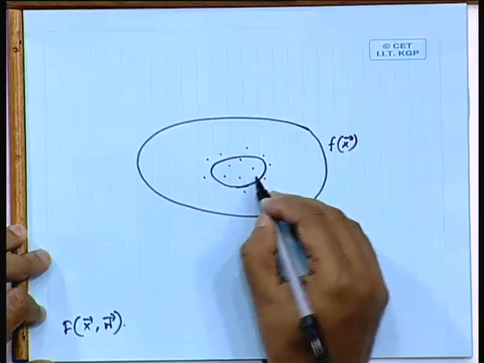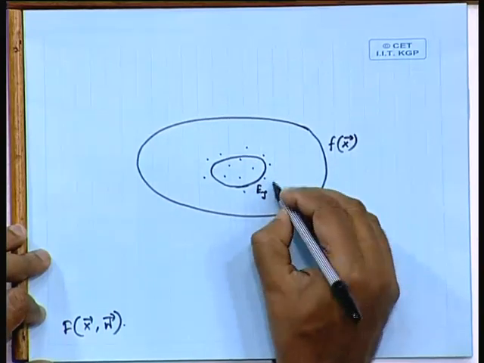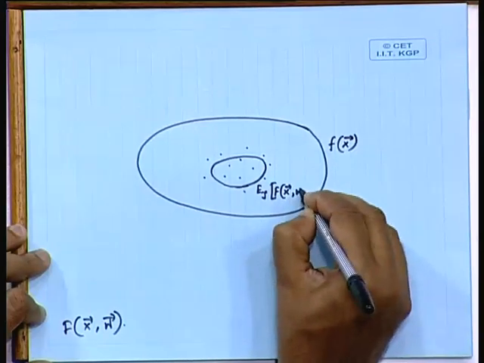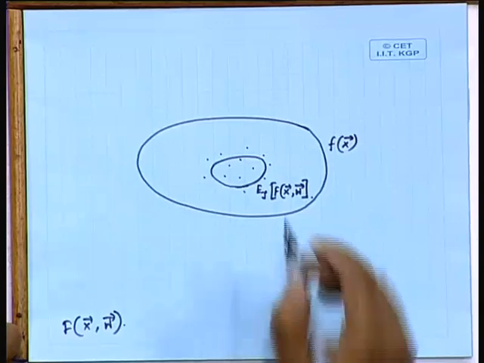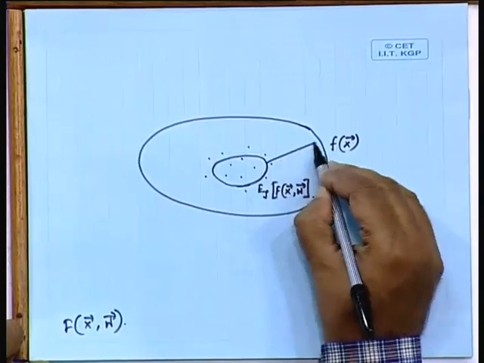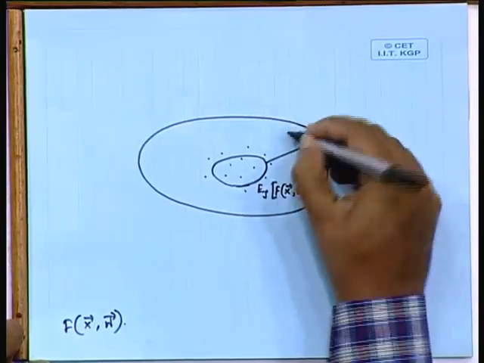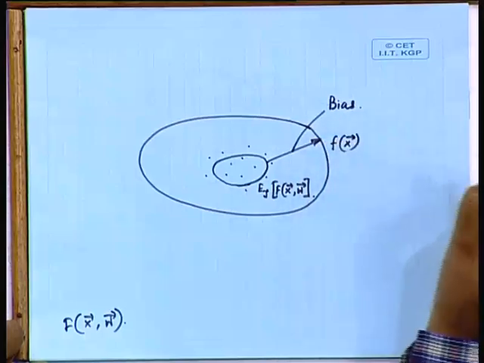So, this one is nothing but E t of f x w. If you are taking the difference between this f x and this E t, that will indicate the bias, all right.